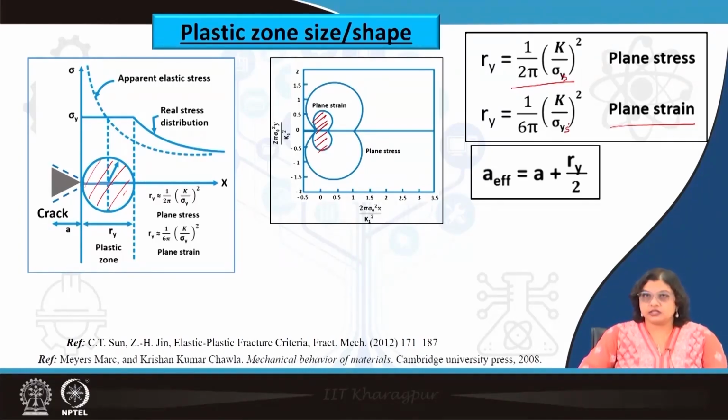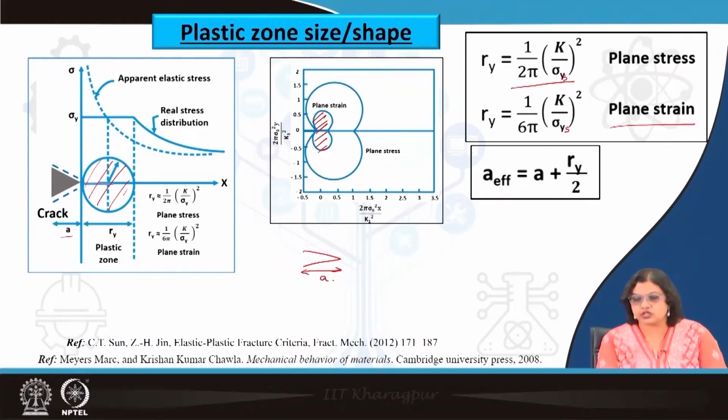Okay, now this is not the end of it. Rather, what we are concerned with now is that so far we have considered crack length like this as a, and we have used this a for all the calculations.